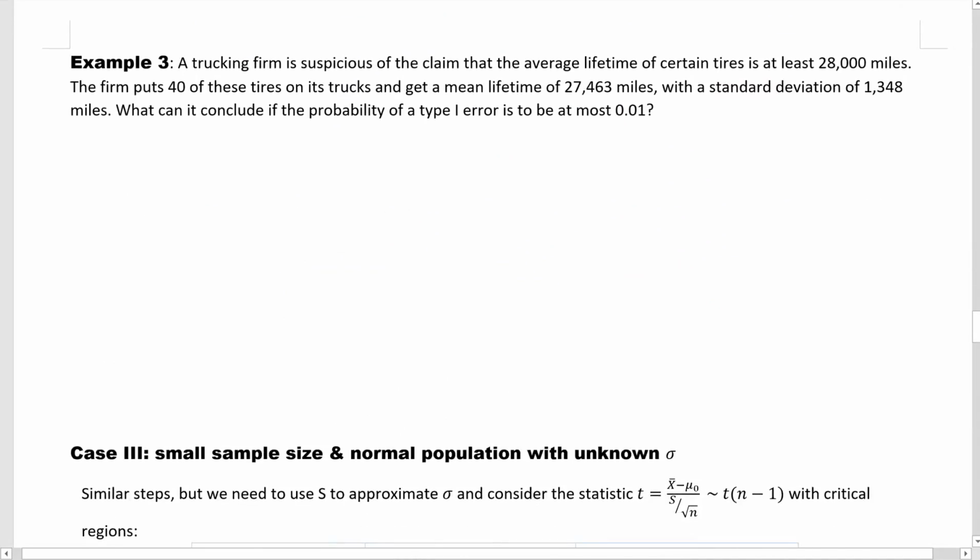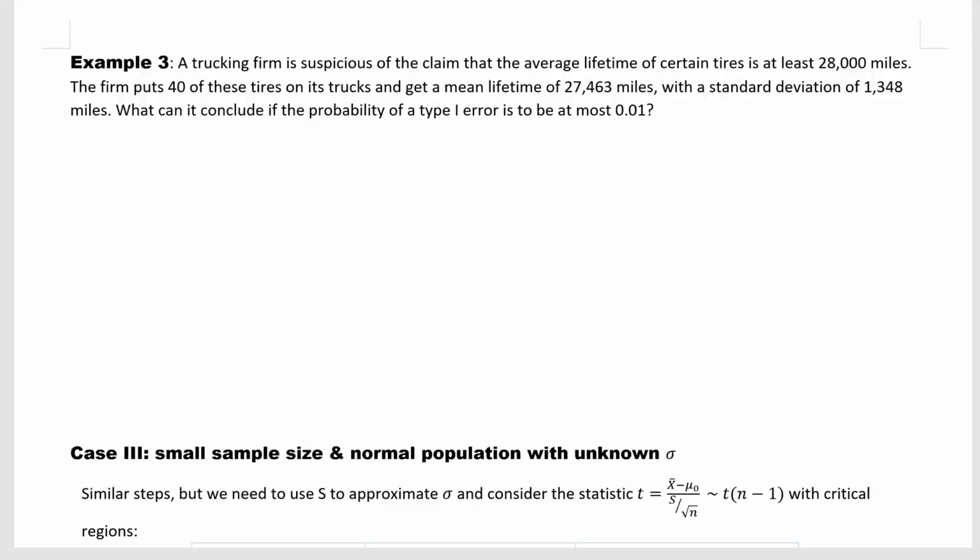Please work on example 3 first, and then continue the video and check our work together. Example 3. A trucking firm is suspicious of the claim that the average lifetime of certain tires is at least 28,000 miles.